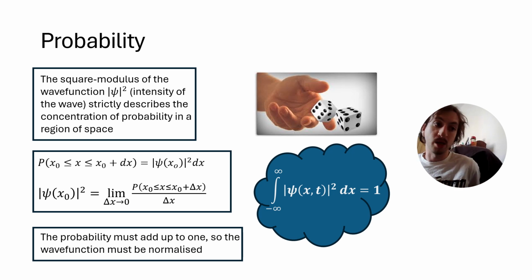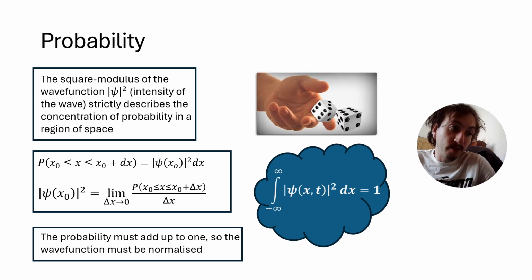And therefore that must equal 1, because that's the total probability. Our equation here really just says that when we measure where the particle is, we have to find the particle in some location in space. So the total probability contained within a wave function, if you like, must equal 1.